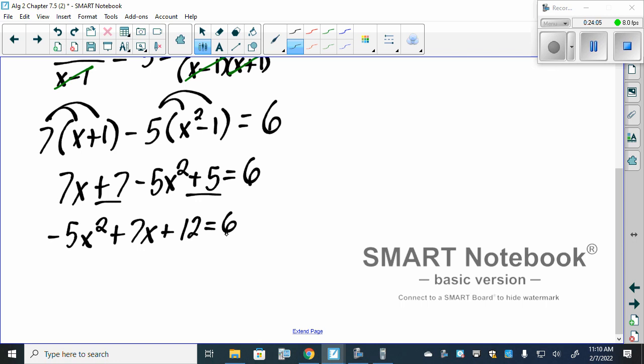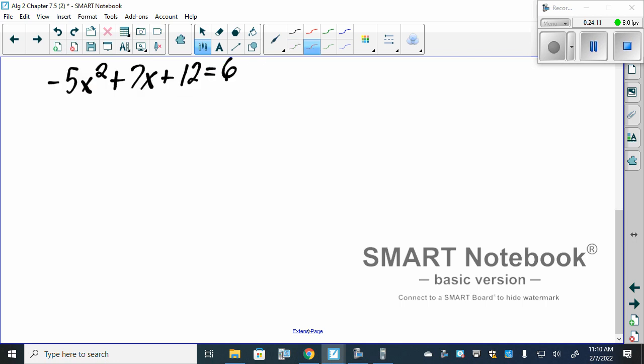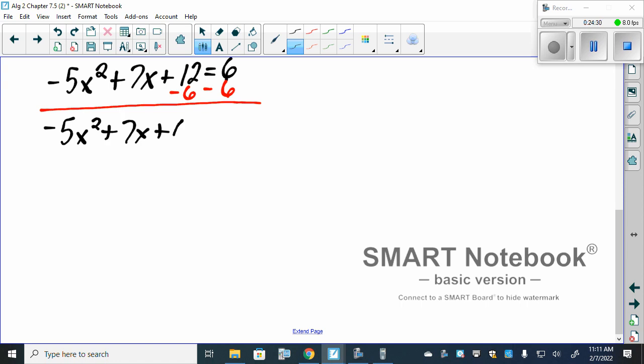Now, because we have quadratic terms, the x squared, we need to get this equal to what? 0. So the last thing we need to do before we can start factoring is to subtract 6 from both sides, which will tell us that negative 5x squared plus 7x plus 6 is equal to 0.